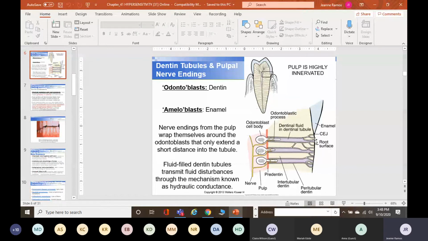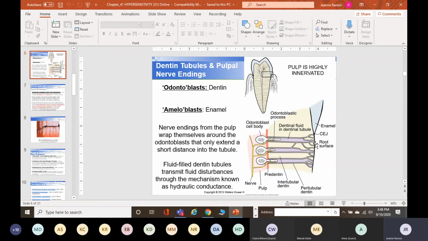So we have the root surface, and there's what's called a smear, and it will be in this chapter as well. It's the smear of what, when we scale and we are scaling all around a tooth, and we have some deposits and saliva and whatnot, probably epithelial cells on our instrument, and we still just keep instrumenting across here.